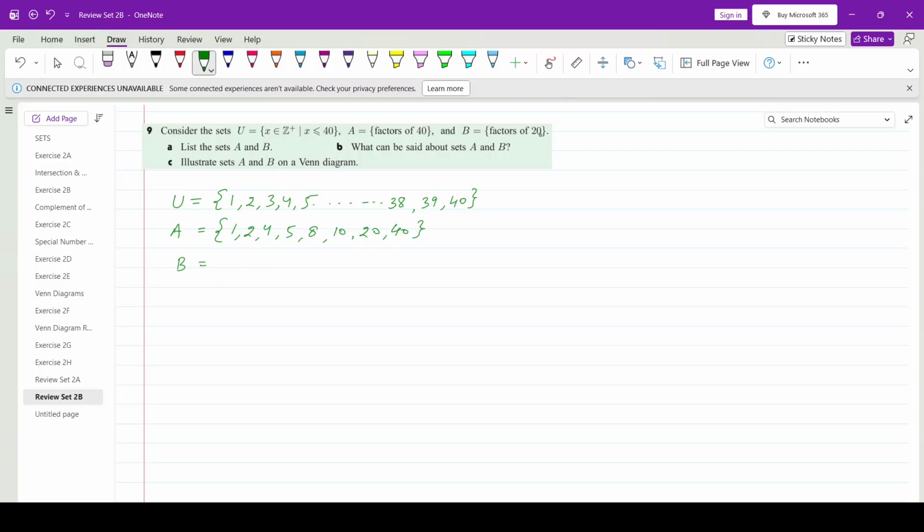Set B contains factors of 20. That is 1, 2, 4, 5, 10, and 20. List the sets A and B. So we have already done this.